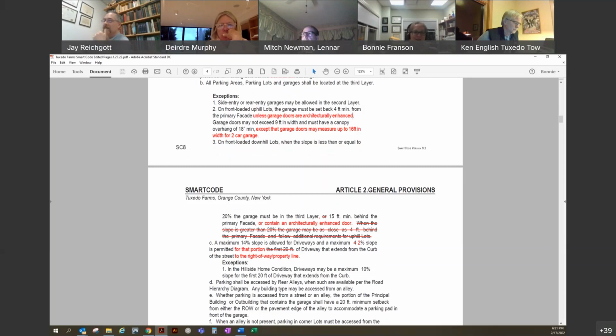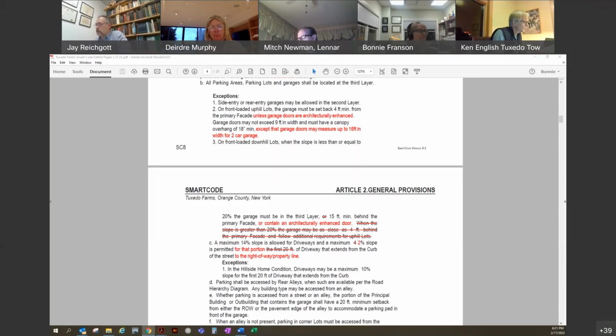It may be useful to see that in a picture. There are some pictures in the design guidelines of garage doors, and what I may think is architecturally enhanced may be different than what someone on the planning board thinks. So images really are beneficial to help explain the standard.